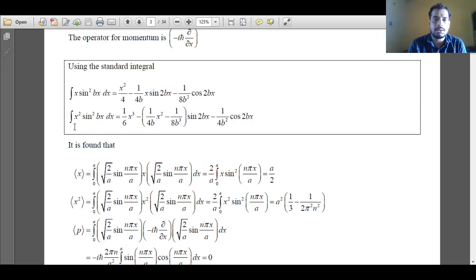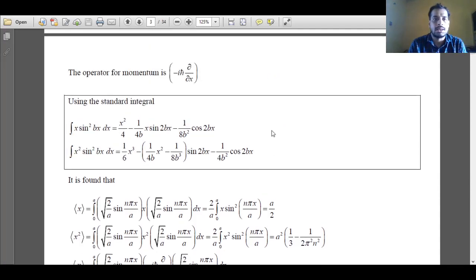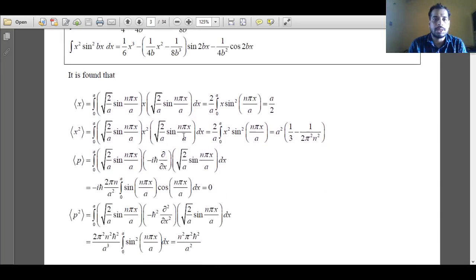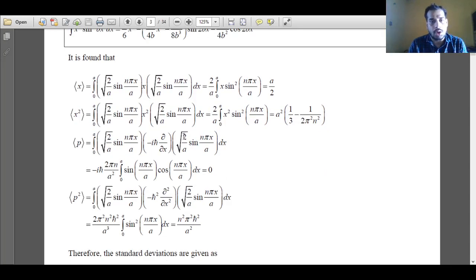Similarly, the other standard integral we will be using is the integral of x square sine square bx dx, which is equal to this quantity. We will use these two standard integrals to verify whether position and momentum obey the uncertainty principle for a particle in a one-dimensional box.